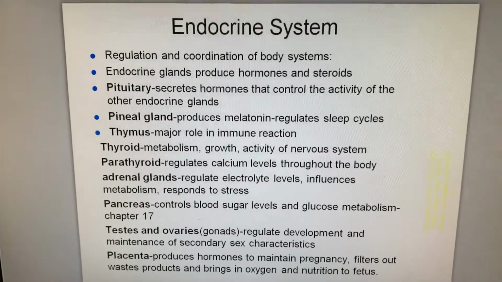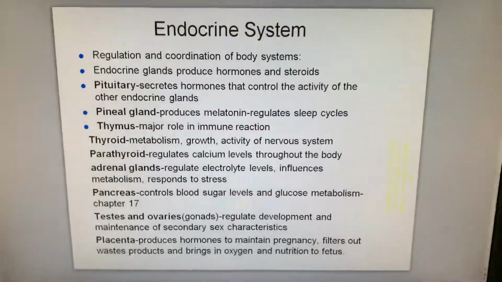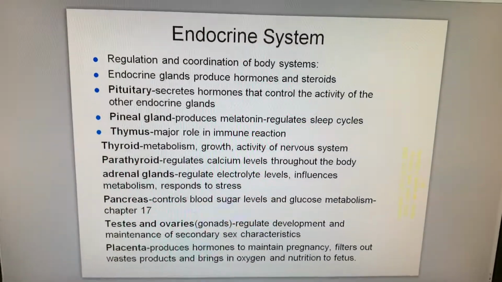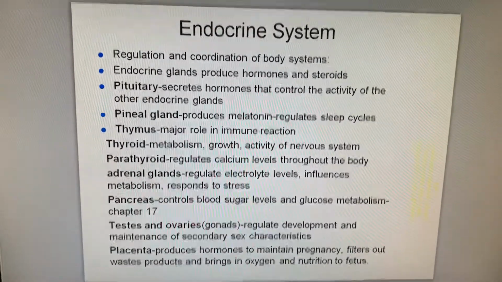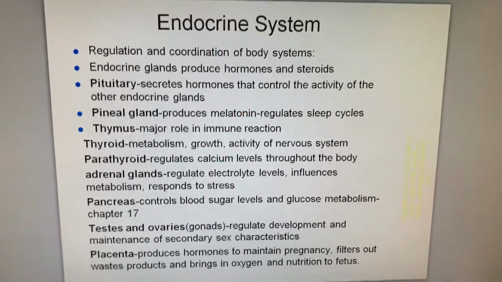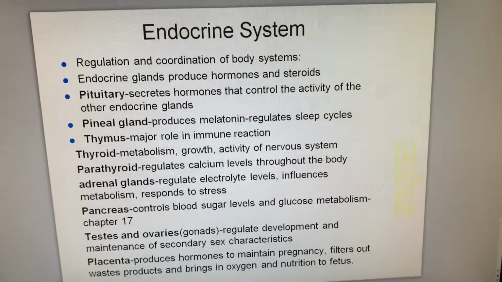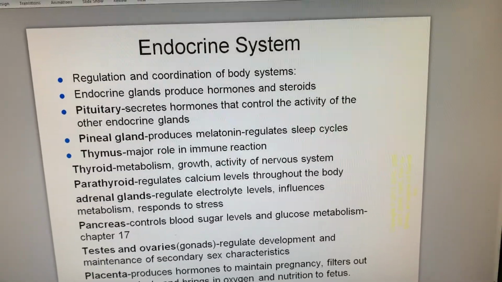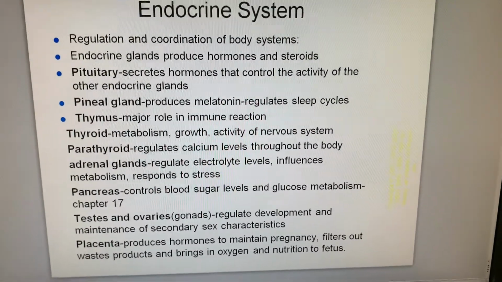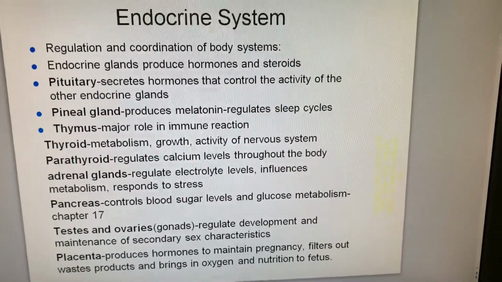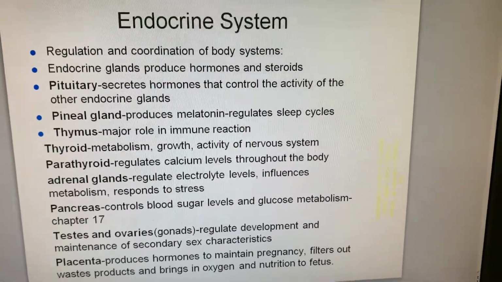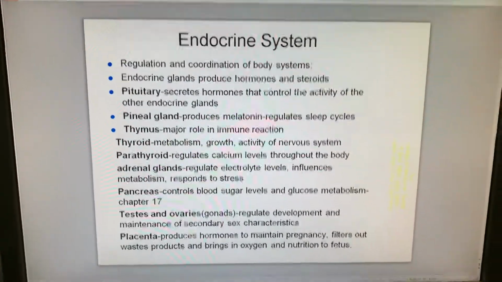It also helps to filter out waste products and bring in what the fetus needs to grow and thrive, like food and oxygen. And then when it's done, it departs the body and is thrown away or planted or fried up and eaten, whatever you choose to do with it.